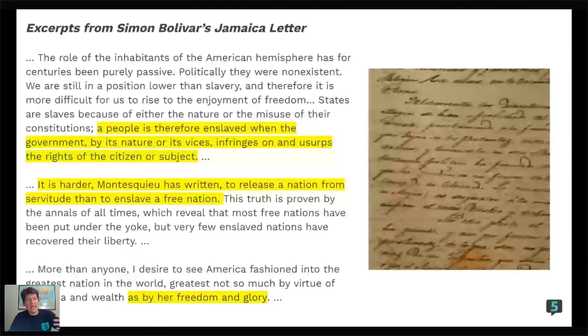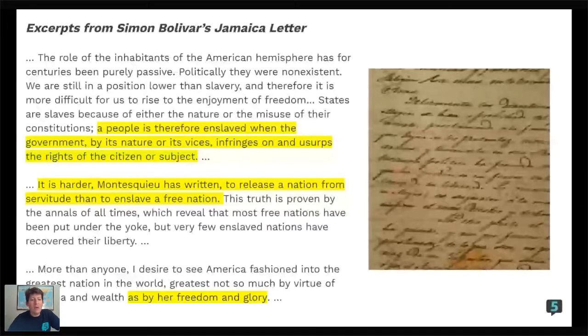And again, that connection we saw earlier to slavery. A people is therefore enslaved when the government, by its nature or its vices, infringes on and usurps the rights of the citizen or subject. Again, those Enlightenment ideas: people have rights, government should protect them, not undermine them.